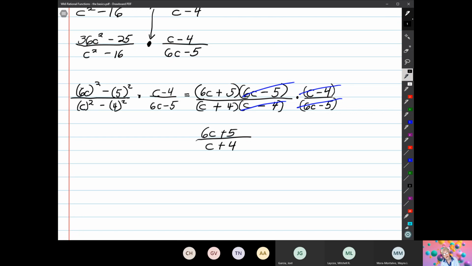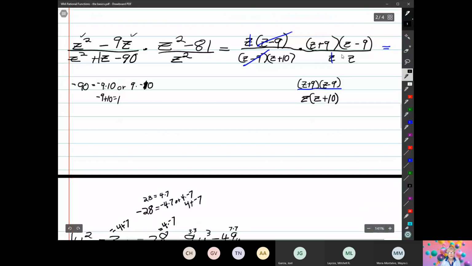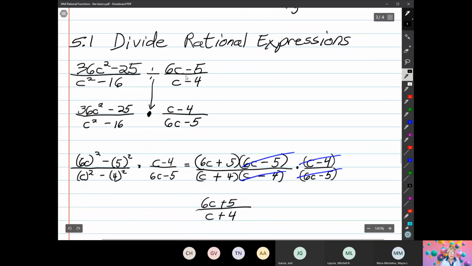And we're done dividing. Okay, multiplication and division are almost exactly alike, except in the first step of the division when you have to flip and multiply. Flip the second fraction, not the first one.